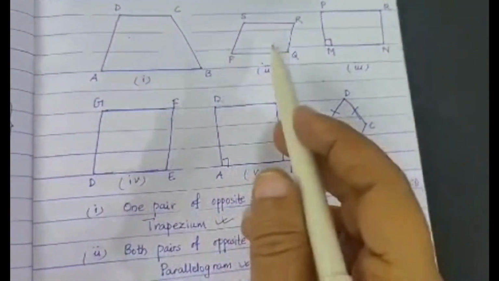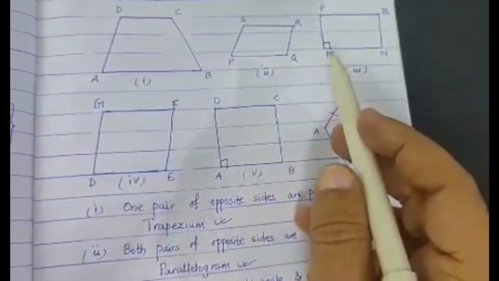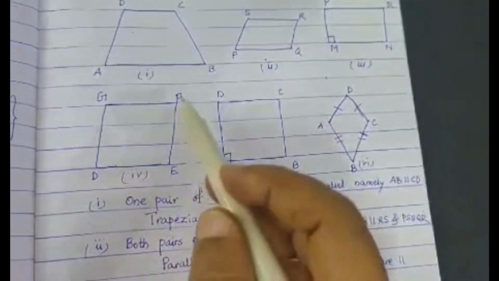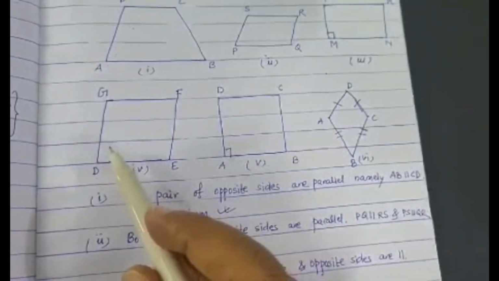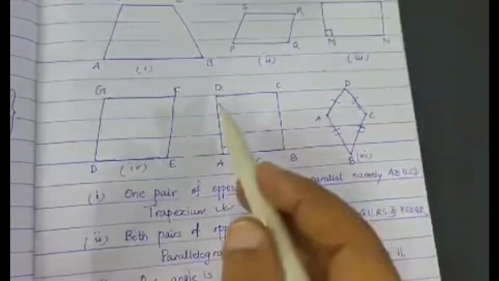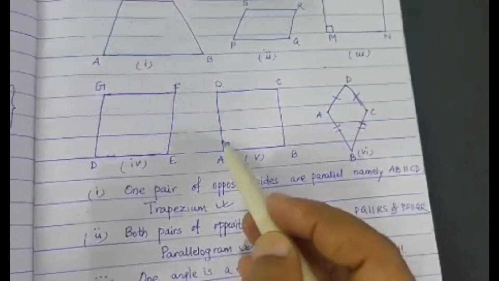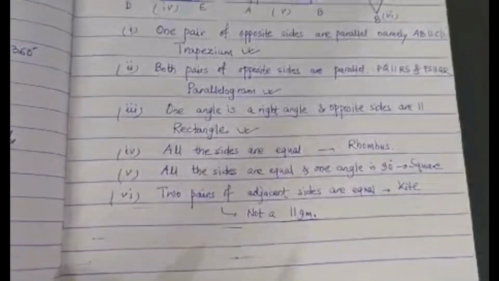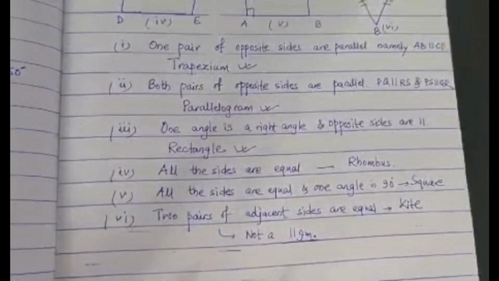When both pairs of opposite sides are parallel, it is called a parallelogram. And when one angle is 90 degrees, it is called a rectangle. When all sides are equal but not 90 degrees, it is a rhombus. And when all sides are equal and one angle is 90 degrees, it is called a square. So I hope all the types are clear now. Let's move on.